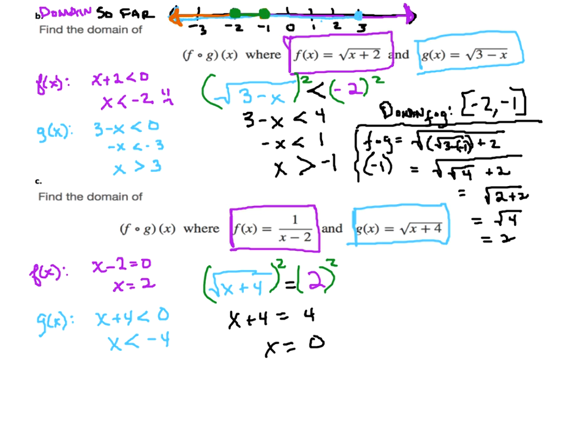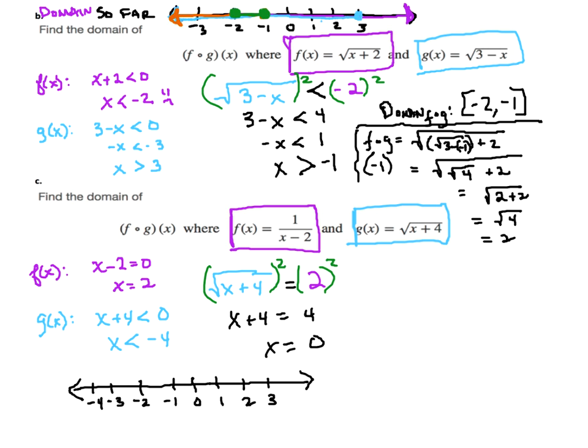So I'm going to draw the picture of this. Let's see, 0, -1, -2, -3, -4, and 1, 2, 3.